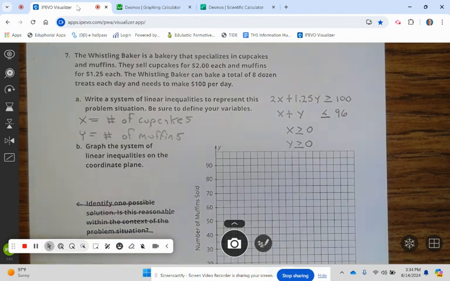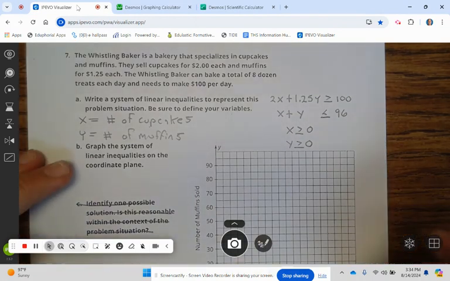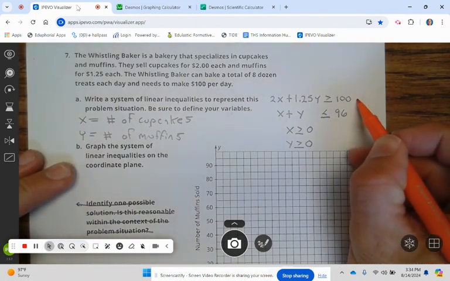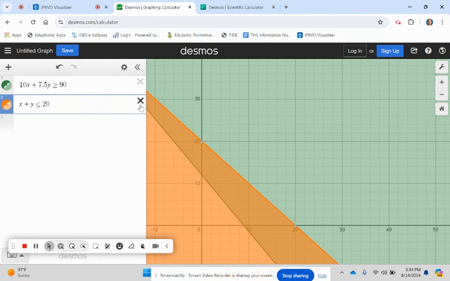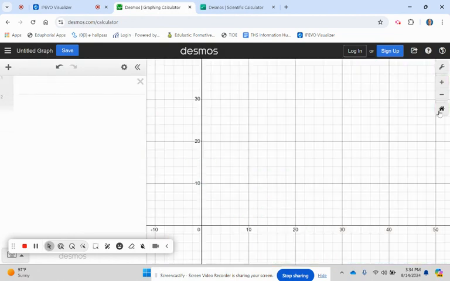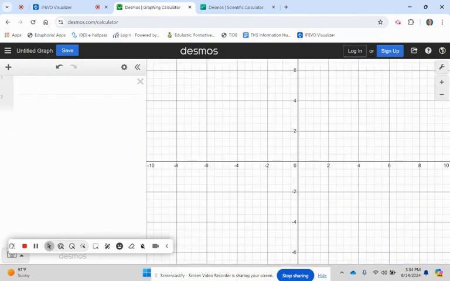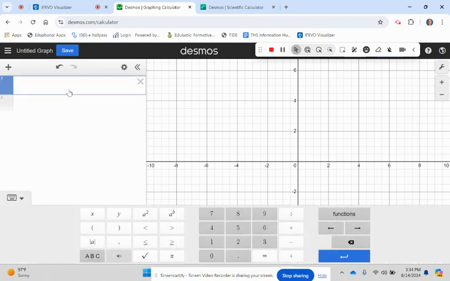Okay, so let's go ahead and graph this. We're going to graph this one first in orange. So I'm going to go back to Desmos. I'm going to exit out, press the home screen, starting basically from scratch. So I'm going to type in 2x plus 1.25y 100. Now, I don't see the graph. That's because we need to adjust our window.